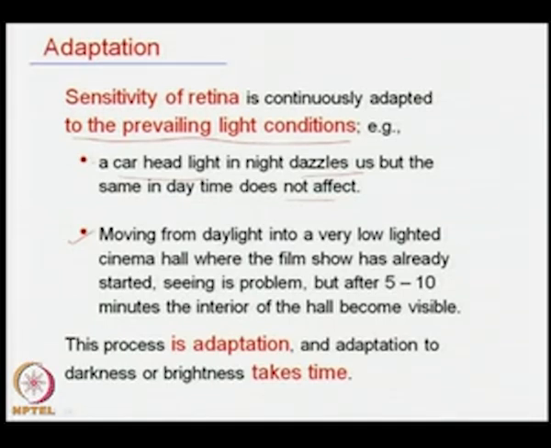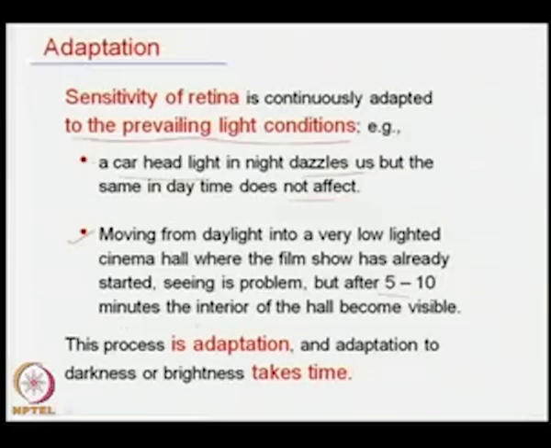Moving from daylight into a very low lighted cinema hall, where the film show has already started, seeing is a problem if we want to enter. To identify our seats in that dark condition is difficult, and we need someone's assistance to identify our specific seats.